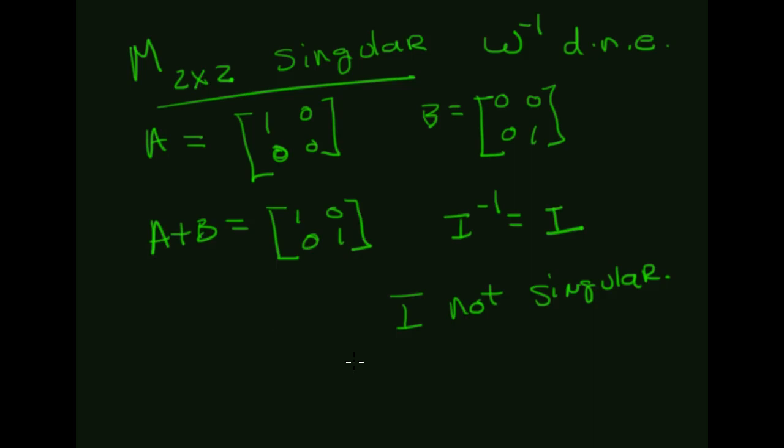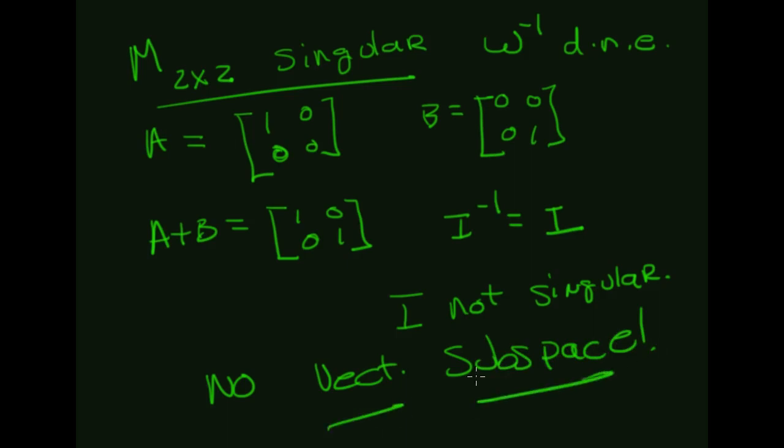If it's not closed under addition, then I do not have a vector subspace. So this is an example of how you can disprove a vector subspace. If you get closed under addition and closed under scalar multiplication, then you have a vector subspace. If you lose closure under either one of them, you do not have a vector subspace.